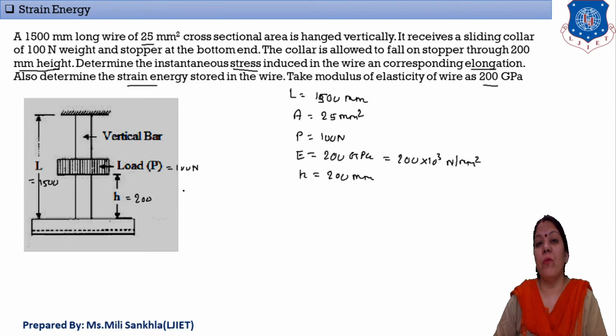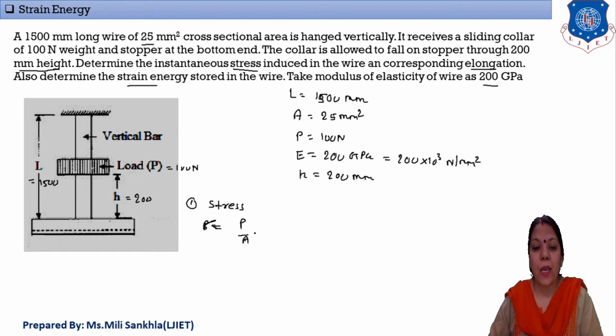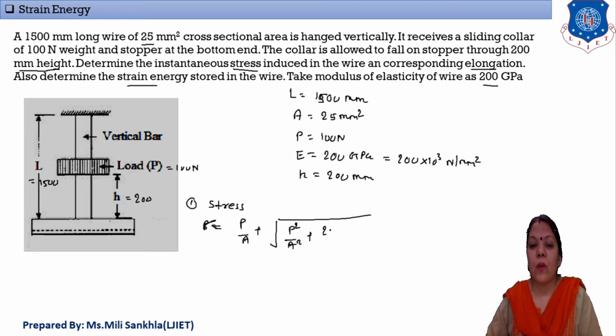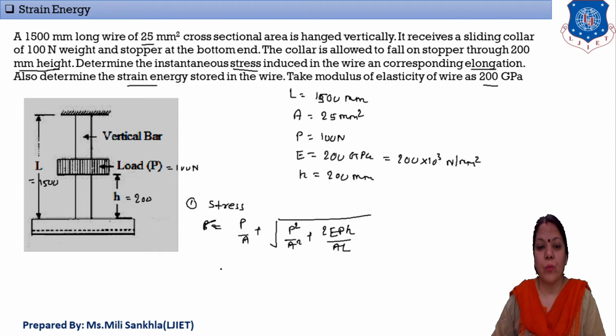Okay, now first of all we find out stress. So write down here stress, and this is the formula for impact load. Stress is equal to P by A plus under root of P square by A square plus 2E PH by AL. Now one by one put the values. P is equal to 100, area is 25.